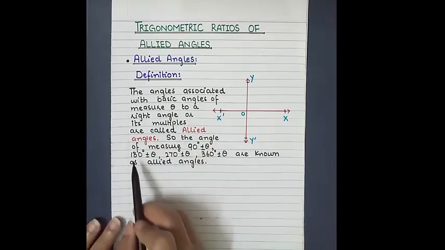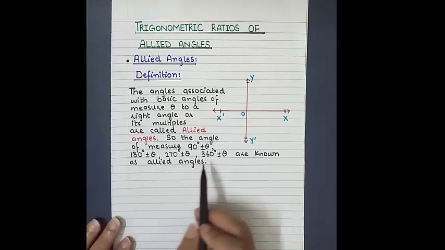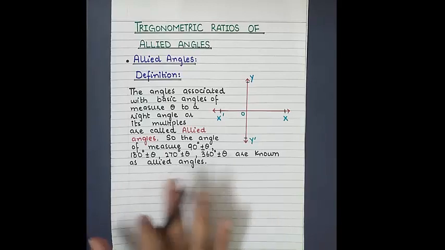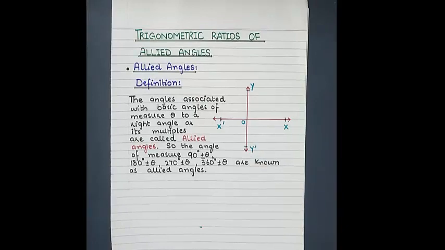See, this is 90, 180, 270, 360. All these angles are the multiples of 90 degrees. So all such angles are called allied angles. Now we have three rules. By following these three rules, you can easily solve any kind of trigonometric ratios of allied angles.